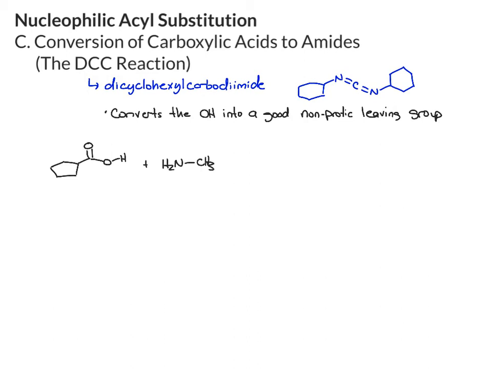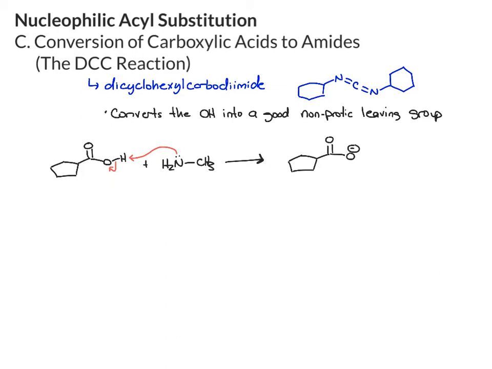The problem with this is that rather than substituting the OH like you might want to do to form the amide, you have the amine, which is a good base, the carboxylic acid, which is a good acid, and all you get is an acid-base reaction.